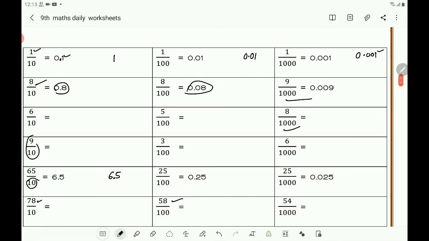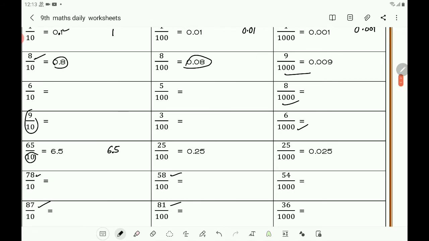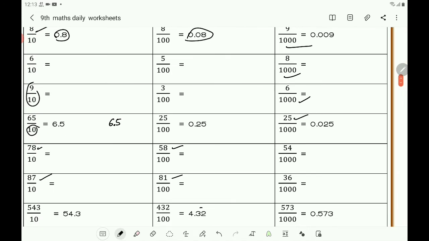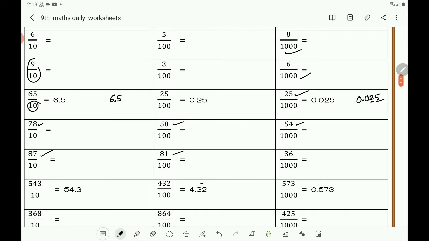Here 0.008, and here 0.006. Here 25 by 1000 is there. So here you write 25 and 1 to 2 digits, and 1 more digit is to be taken, that is 0. Point you put here. Then here also 54 by 1000 is there, that you have to take 5 4, take 0 and point here.